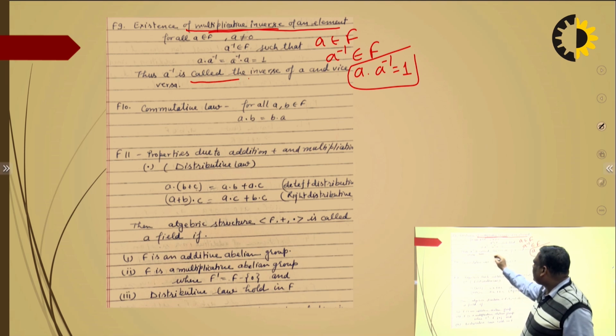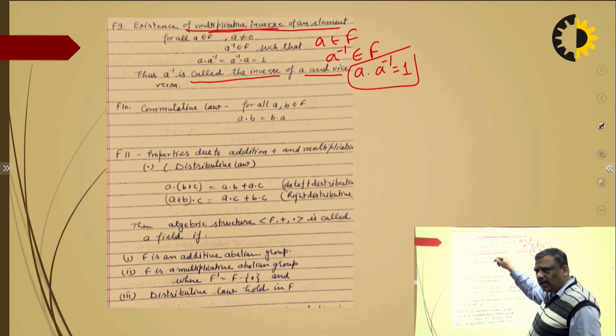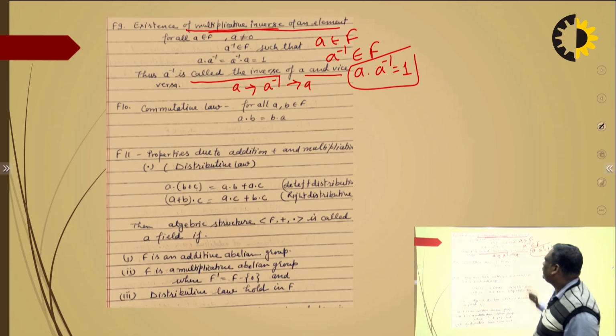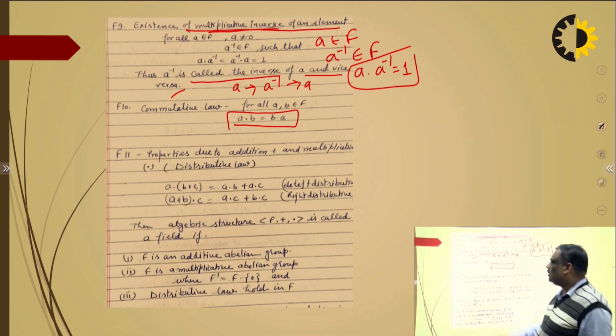A inverse is called the inverse of A, and the inverse of A inverse is equal to A. That is vice versa here. Commutative law: in multiplication, A dot B is equal to B dot A.